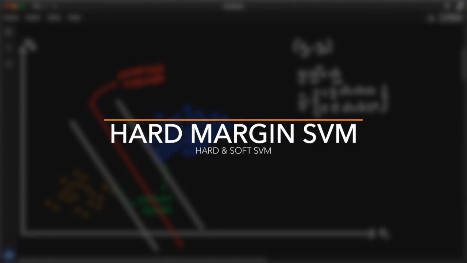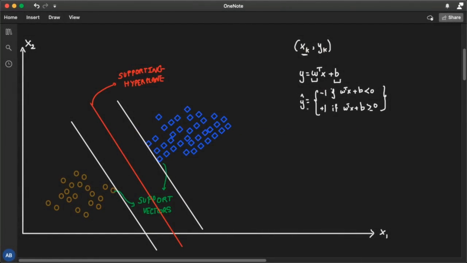Now, replacing both constraints using one single equation, let's say I'm given n samples, the number of instances is n, so the number of squares plus the number of circles is n, and referring to the kth instance as xk, yk, then the first equation satisfies yk multiplied by w transpose xk plus b.